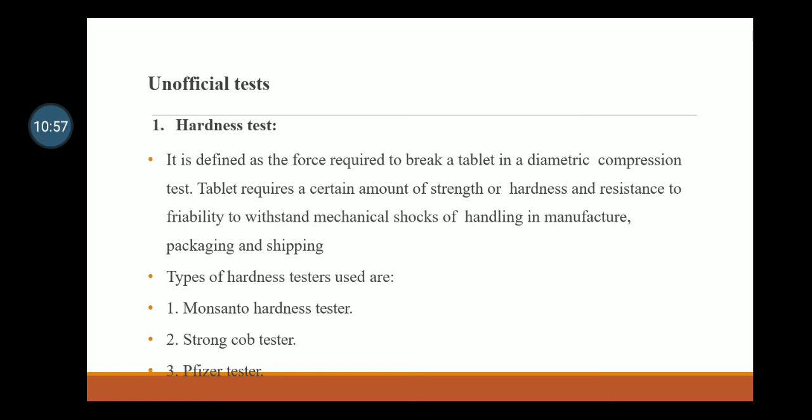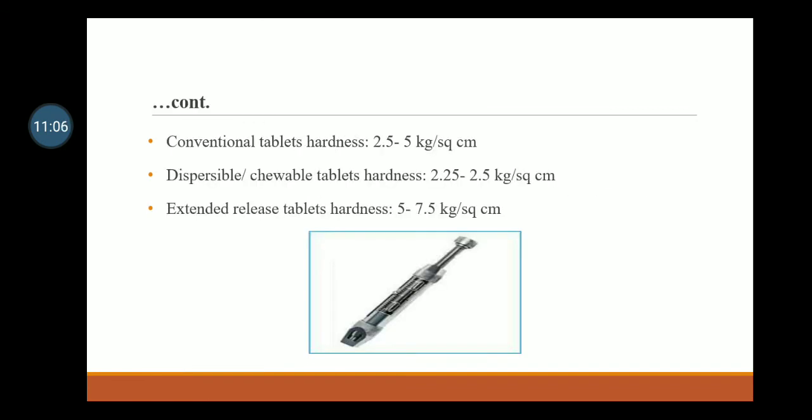Types of hardness testers used are: first, Monsanto hardness tester; second, Strong Cobb tester; third, Pfizer tester. Conventional tablets hardness 2.5 to 5 kg per square centimeter. Dispersible or chewable tablets hardness 2.25 to 2.5 kg per square centimeter. Extended release tablets hardness 5 to 7.5 kg per square centimeter.